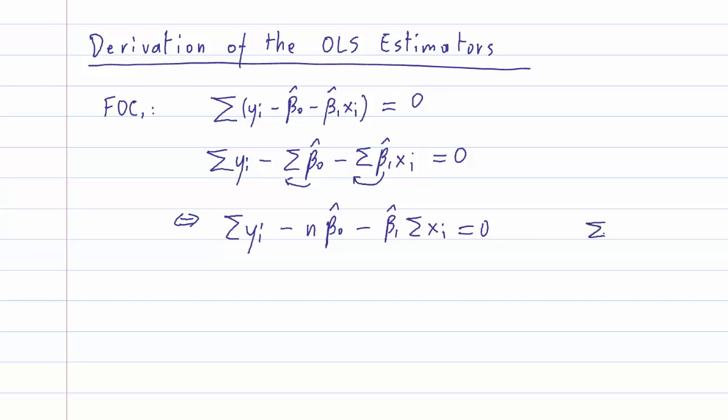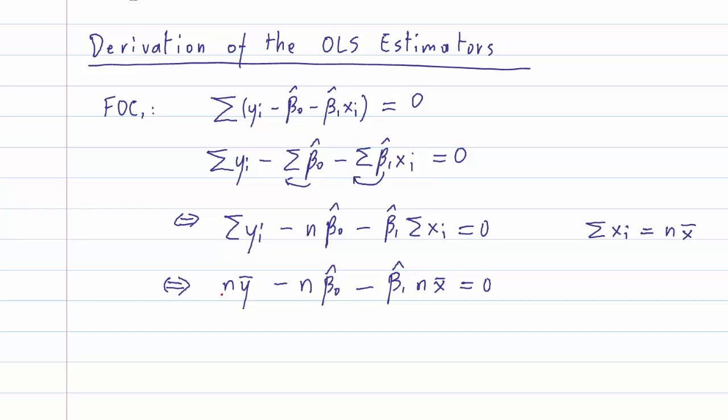You remember that the sum of a variable, for instance the sum of xi, is n times x bar. So we can rewrite this as n times y bar minus n times beta 0 hat minus beta 1 hat n times x bar equals 0.